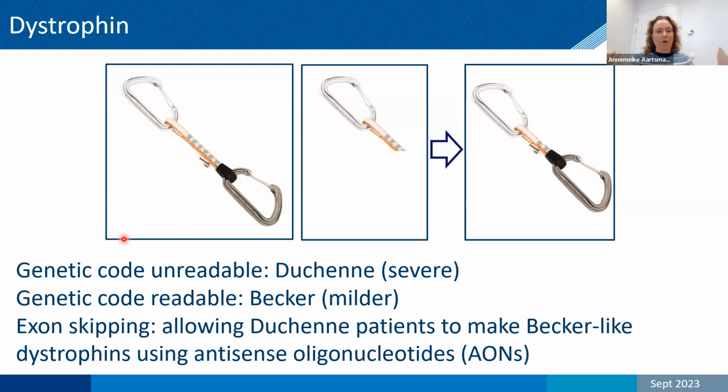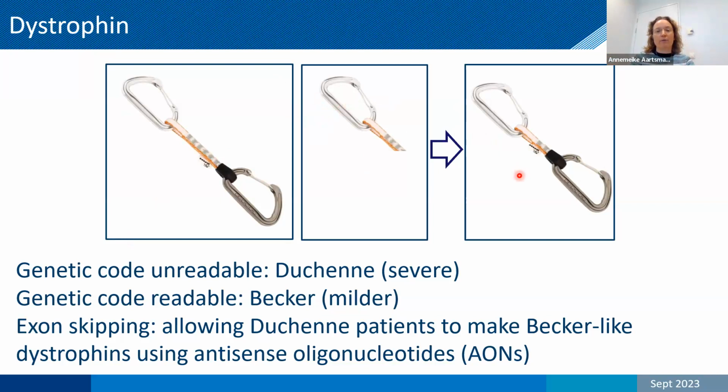If you go rock climbing, you don't need the carabiner to go rock climbing, you need it when things go wrong. Now, what happens in Duchenne is that only the beginning of the protein is made, and of course then the connection to the outside of the fiber is not made, and there is no buffer function. So during contraction, there's damage.